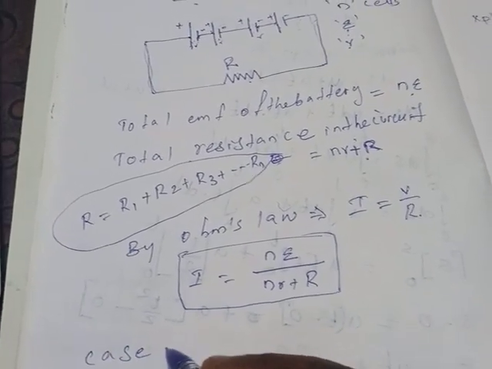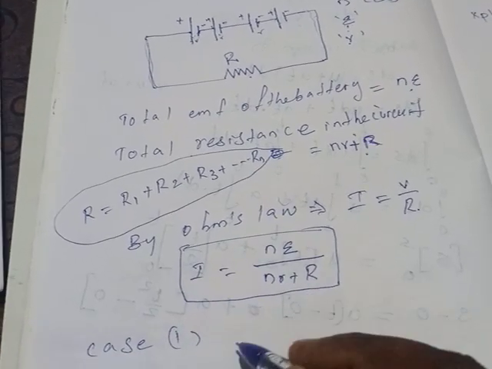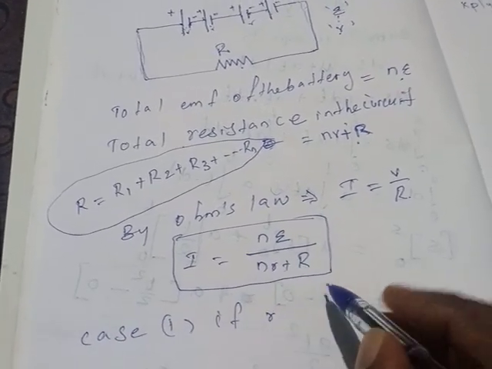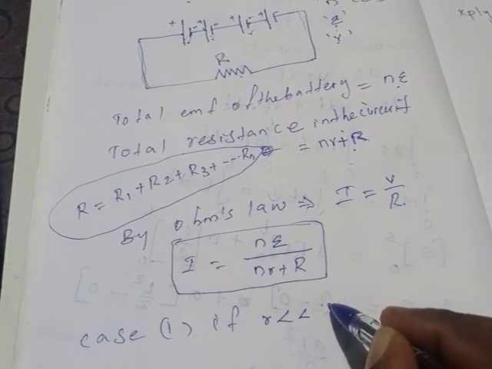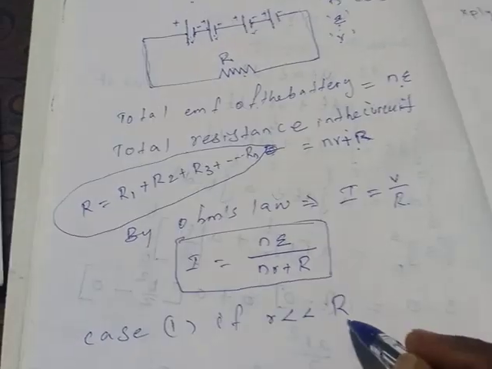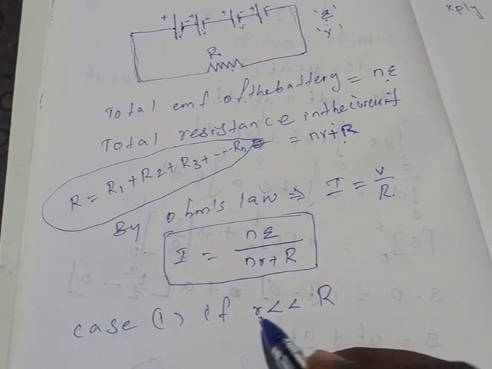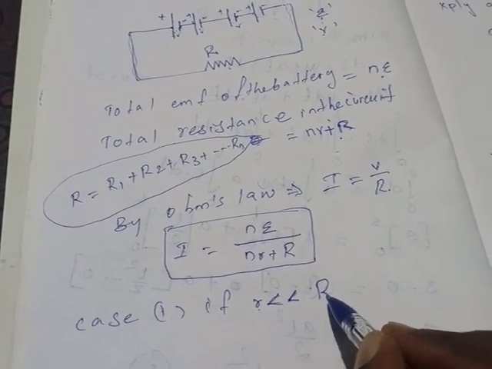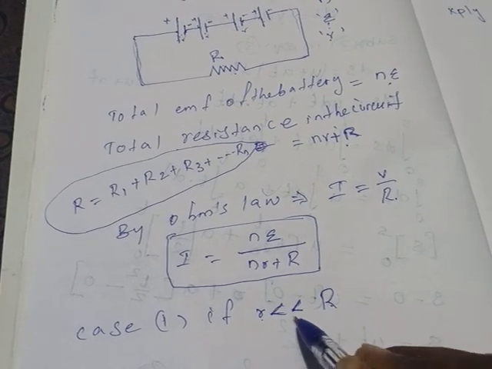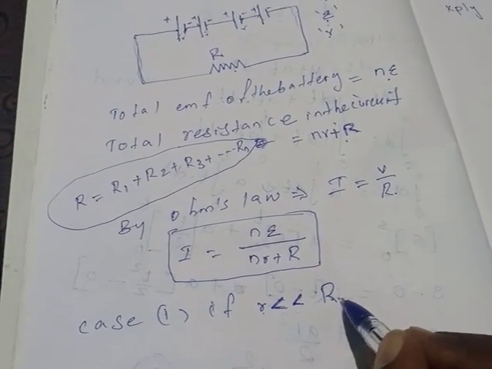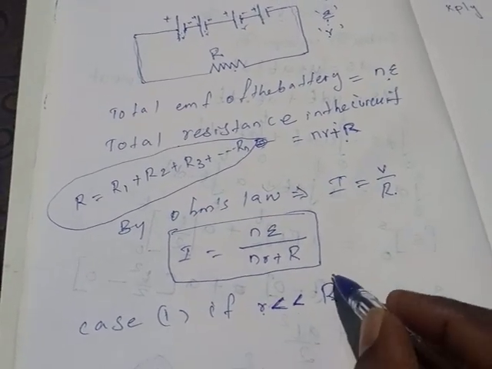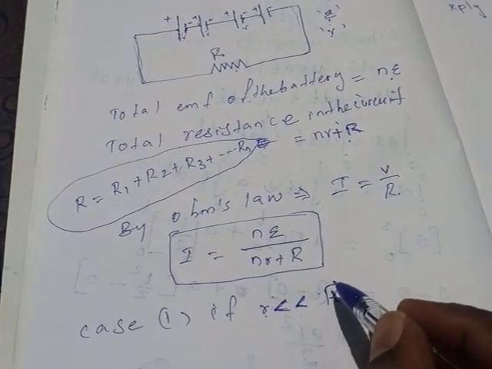The first case is case 1. If r is very much less than R, that is, the internal resistance is very much less than the external resistance, so that r can be neglected.